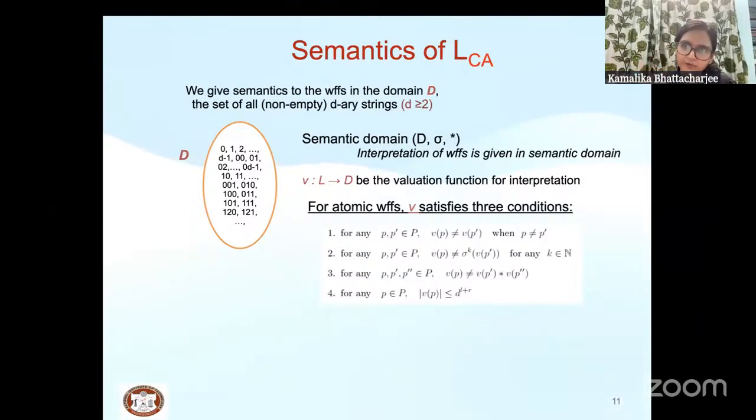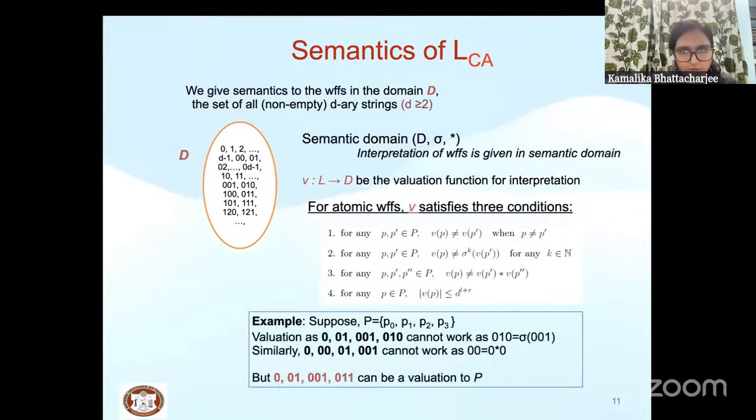If one atomic formula and another atomic formula's shift equivalent have the same valuation, that cannot be a valid case. Similarly, we cannot write V of P as equal to V of P' star V of P''. These are the conditions for atomic well-formed formulas.